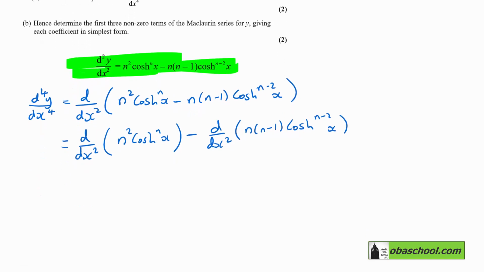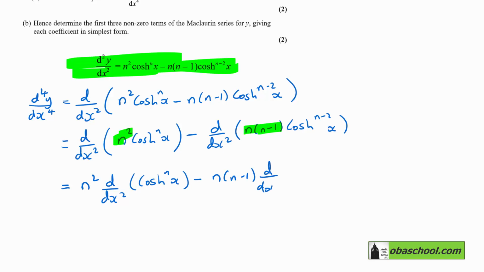Okay, we know that the n squared here, and similarly the n minus 1 here, can just be taken outside. So we've got n squared d dx squared of cosh nx, and then we've got the n minus 1 d dx squared of cosh n minus 2x.